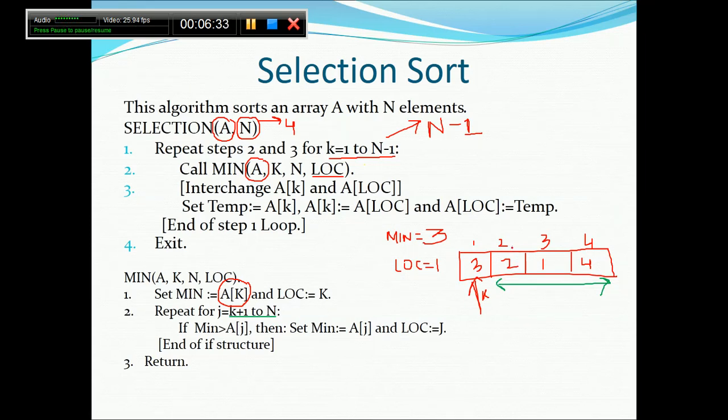The j will start from here. Currently j is this. Now A of j is 2, and 2 is less than the minimum, which is 3. Then make A of j the minimum, so it will be updated to 2 and location would be updated to j, that is 2. Now j will move one step ahead here.